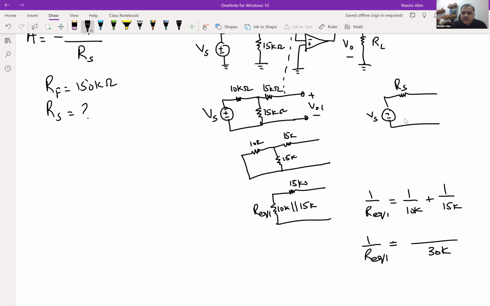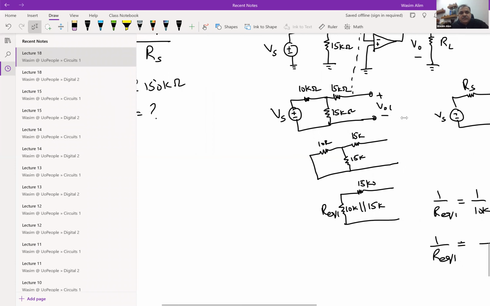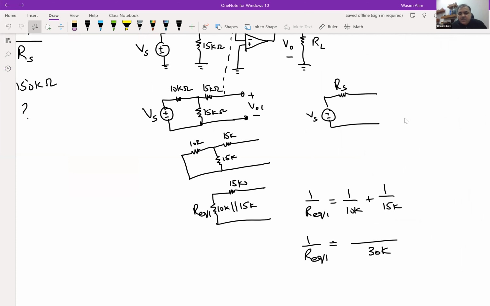I selected 30, so this is by a factor of 3, and this is by a factor of 2.